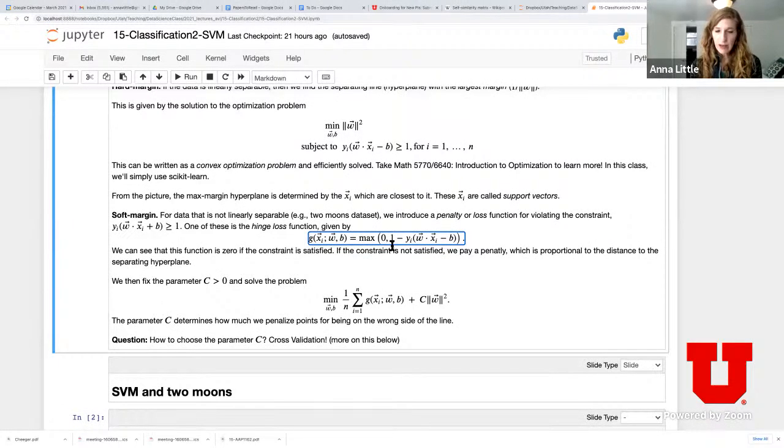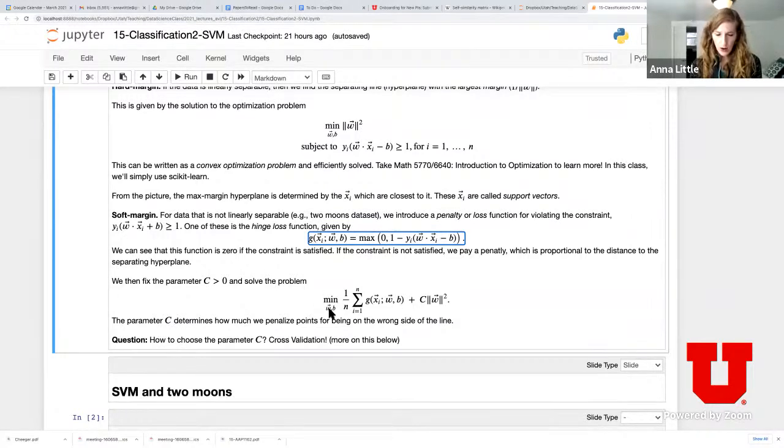So this is how we penalize points that are misclassified. We then solve the overall problem by fixing some parameter C and then minimizing the following objective.